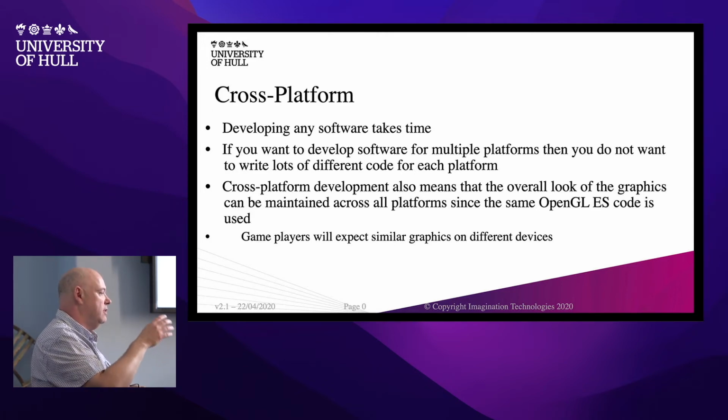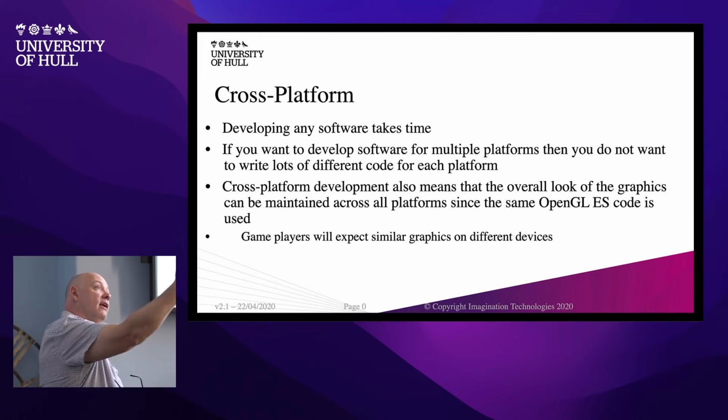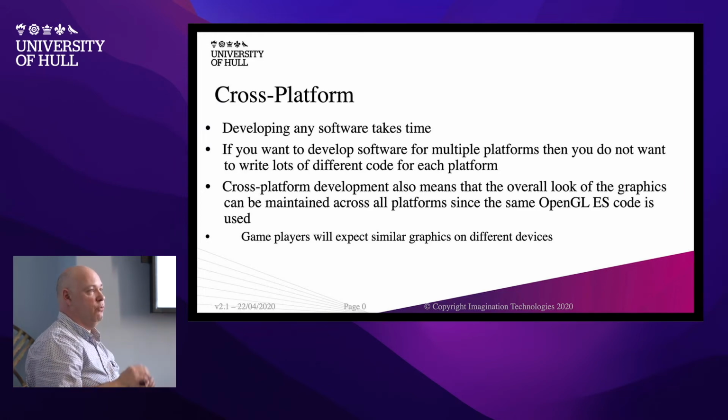Using a framework that works on the vast majority of platforms really speeds things up, and it means that you can deploy things. All the teaching material that I've got works on a whole range of devices, including Chromebooks and embedded devices. All you have to do is recompile it.